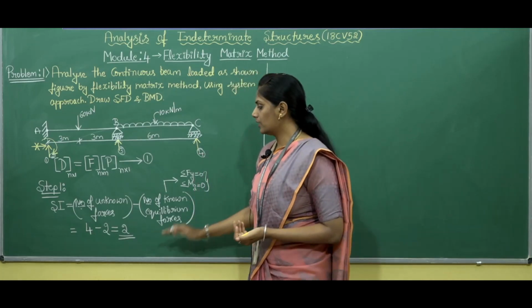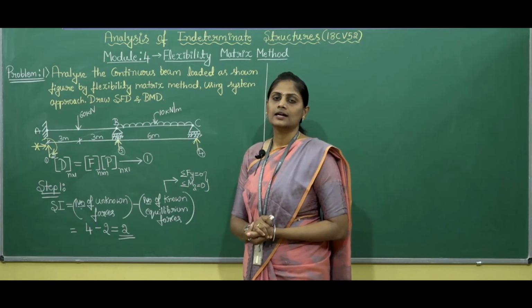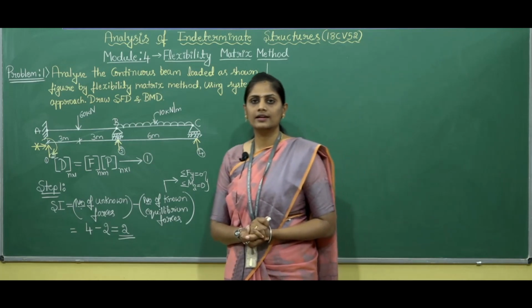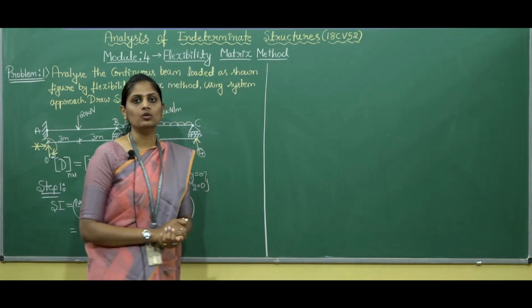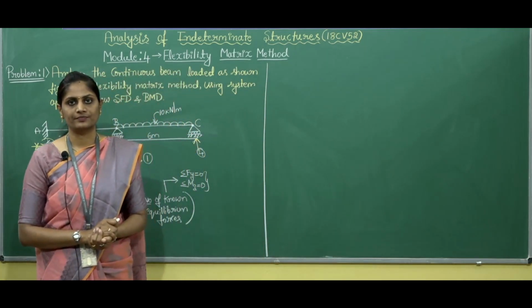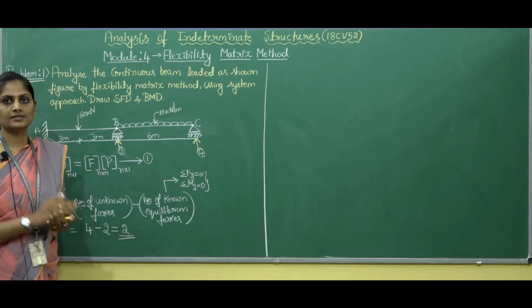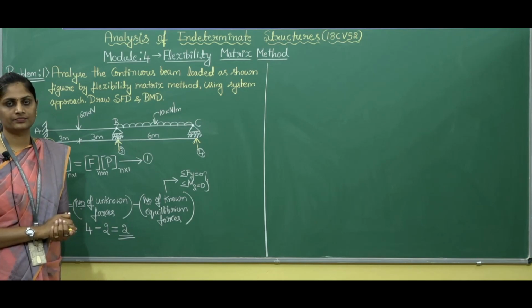In step number 1, next we need to mark the redundant forces. That means we need to assume the redundant forces. Here we need to assume 2 redundant forces. We can mark reactions as redundants or moments as redundants.